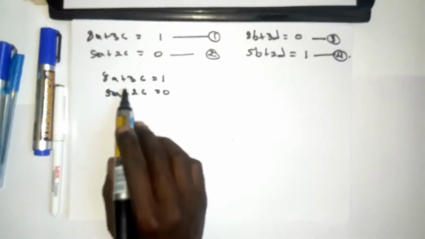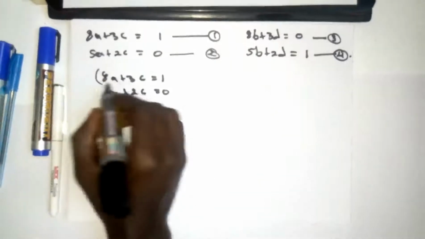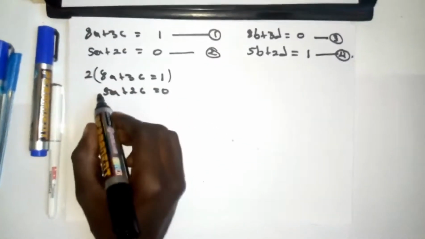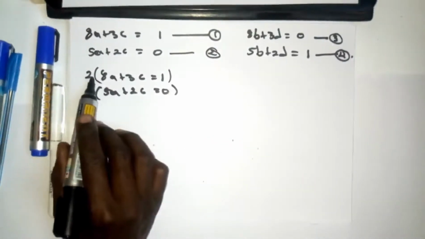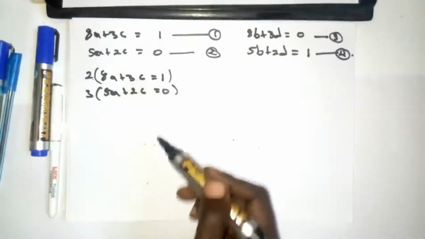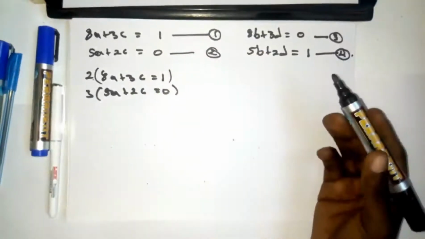I want to eliminate either a or c. I can eliminate c, that would be easy for me. I'm going to multiply this equation by 2 and this equation by 3, such that I get 6c in both, and I subtract those 2 equations, then c will go off.